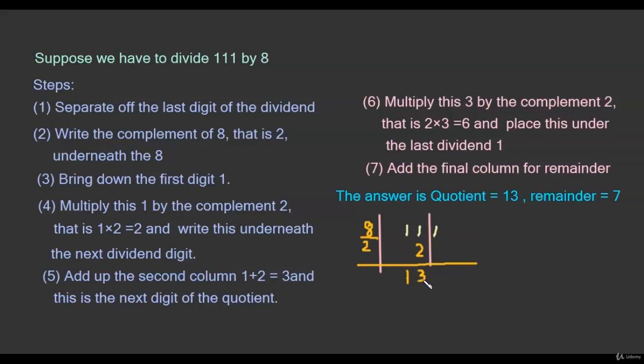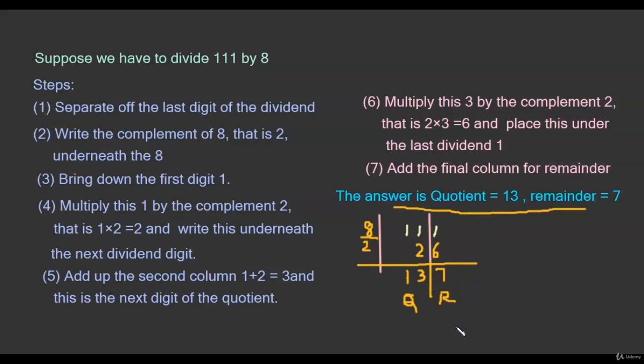Again we multiply 3 by the complement number and write the result below the third dividend digit. So 3 multiplied by 2 gives us 6. Again we add 1 and 6, which gives us 7. So 13 is the quotient and 7 is the remainder. So this is the answer.